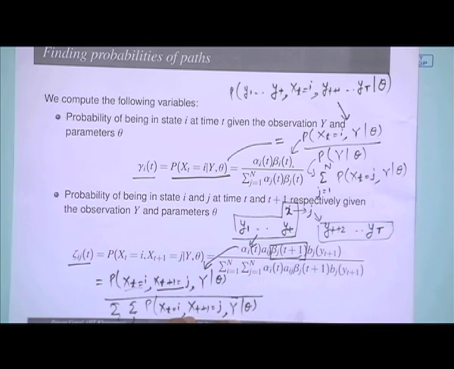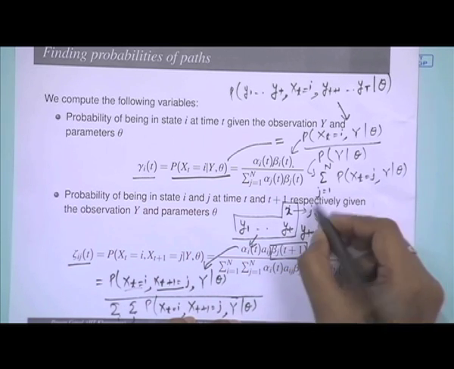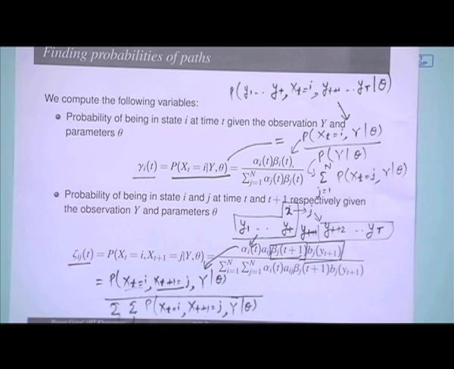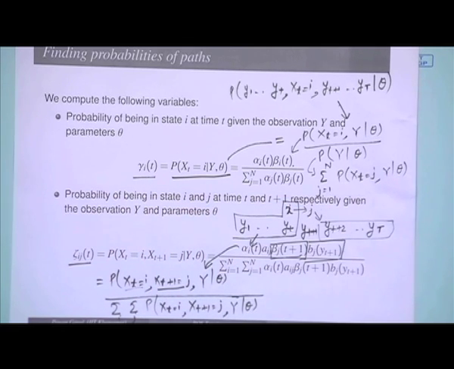Okay, and yt+1 given j, that is your bj(yt+1). Okay. So this equation is nothing but the probability of xt = i, xt+1 = j, y given theta. This whole sequence is there, and these two states are also there. And similarly, you can see for here. This is over all the possible values of i and j.